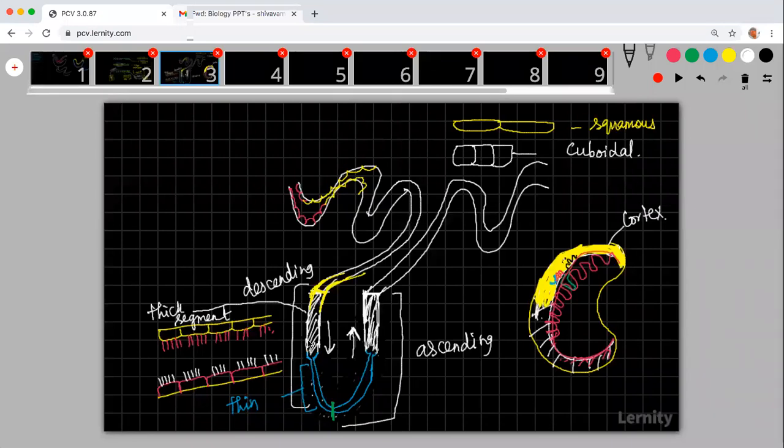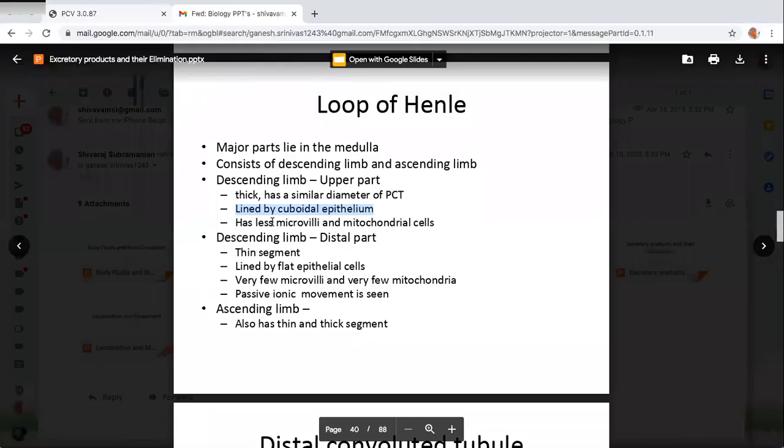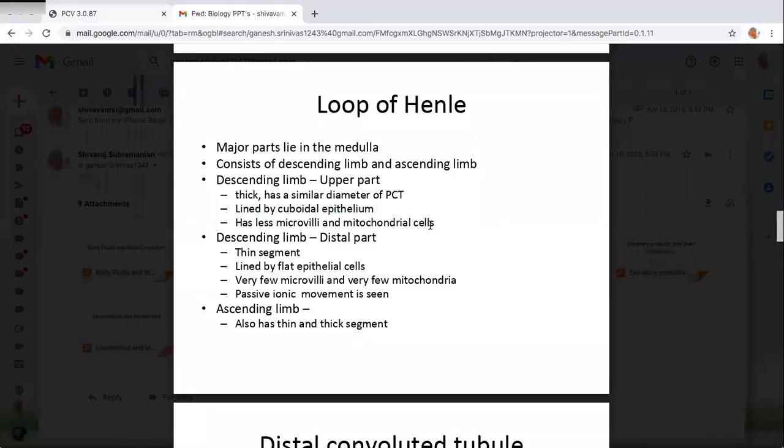It is the cuboidal epithelium. And it has fewer microvilli and fewer mitochondria compared to the PCT. The loop of Henle will have fewer mitochondria and fewer microvilli.